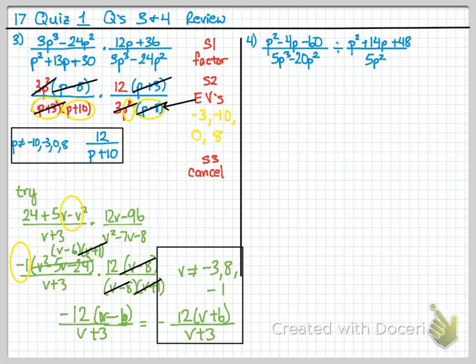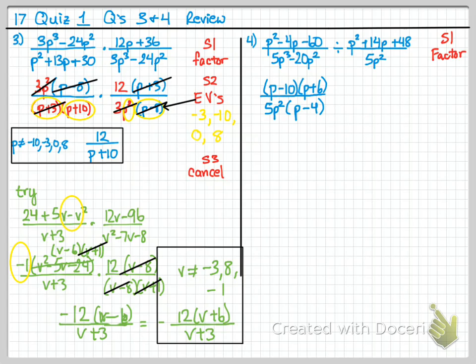Now let's take a look at number 4. This is a division problem, so there'll be one extra step. But we still factor to begin with. The numerator becomes that. You try it first, and then we'll compare. Press pause, try it, and then come back. Okay, welcome back.